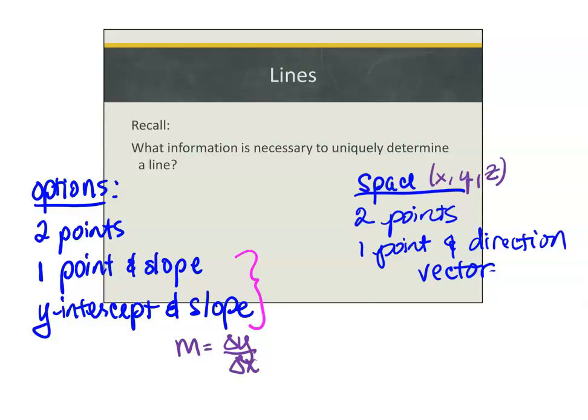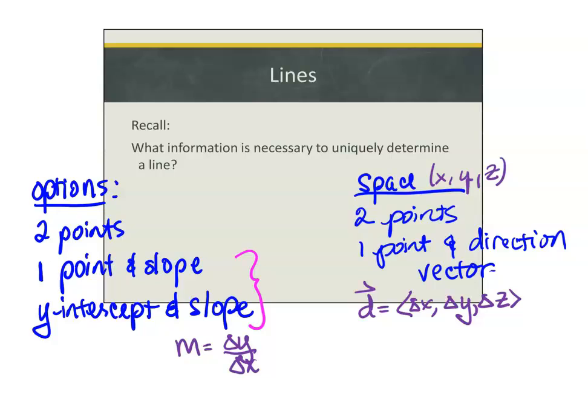So our direction vector that we use to specify the direction of the line has a change in x component, a change in y component, and a change in z component. And these dictate how each of those coordinates change with the variable t or time.